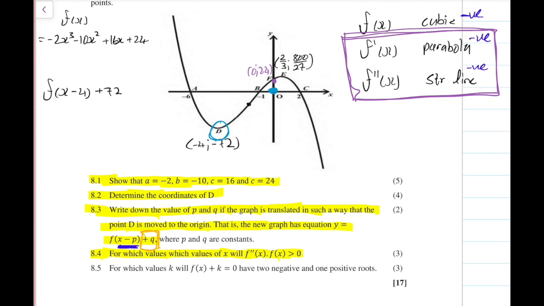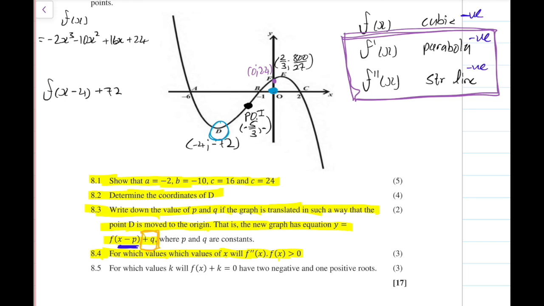This is the most important thing here. Our point of inflection is going to be the midpoint between our stationary points. So we're going to say minus 4 plus 2 over 3, and then divide that by 2, and we get minus 5 over 3. So minus 5 over 3 is our point of inflection x value. We're not really concerned with the y value for now, but the x value is important.